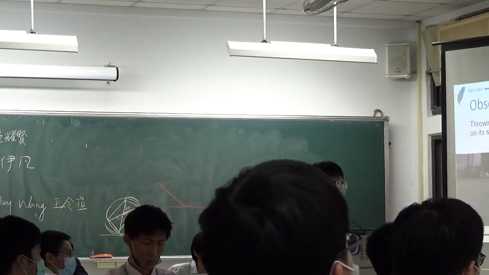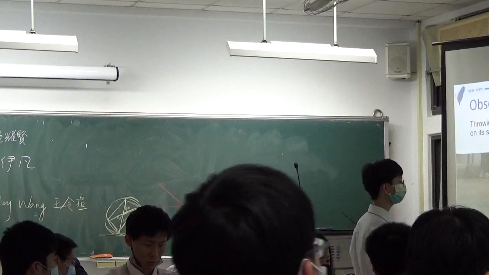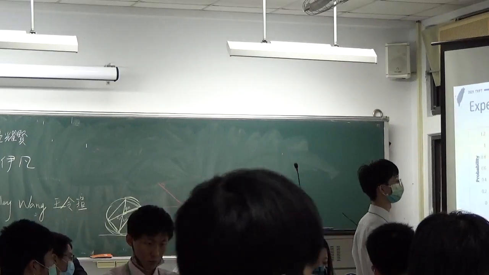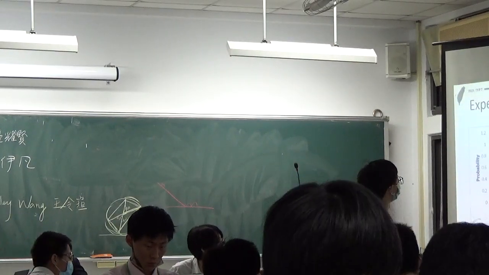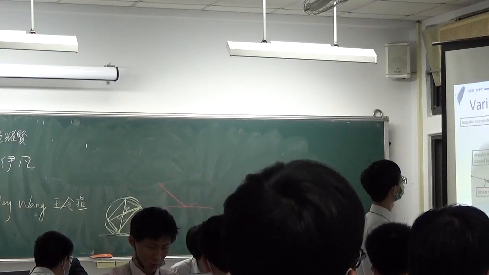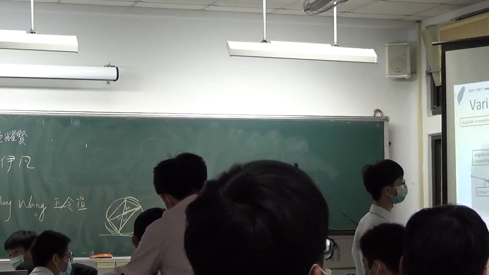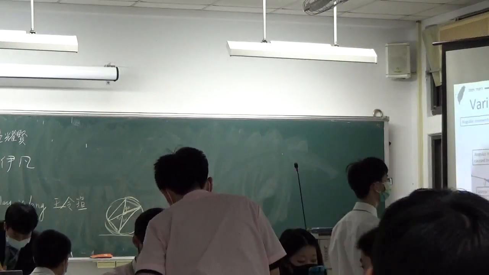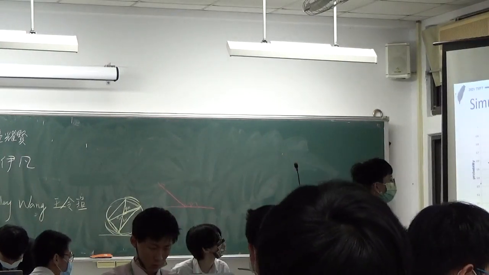Do you consider the weight of the dice? Weight of the dice. No, but I think it does affect the possibility. So if you increase the weight, what do you think will happen?